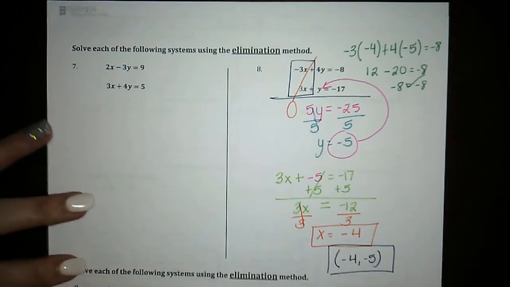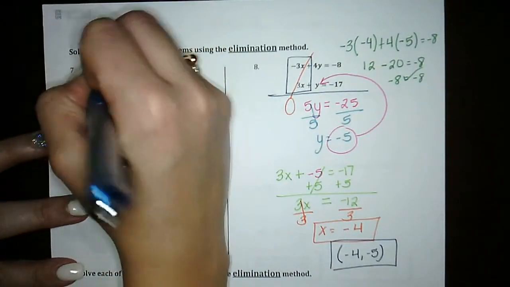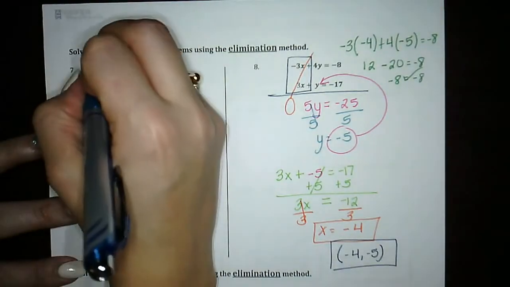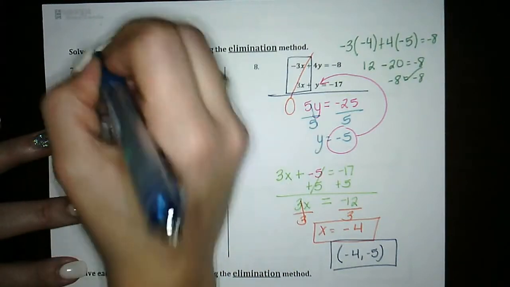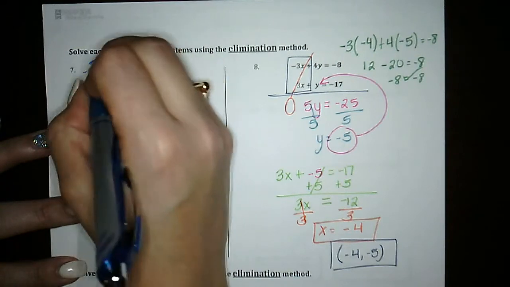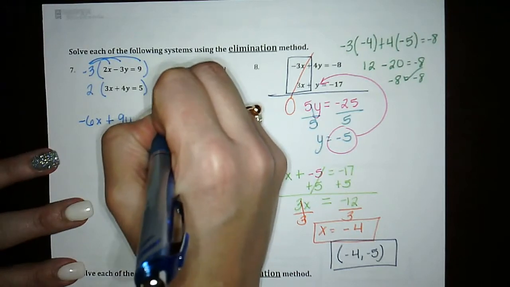So we're going to multiply this top one by negative 3, and this bottom one by positive 2. Negative 3 times 2 is negative 6x. Negative and a negative makes us a positive 9y. Negative 3 times 9 is negative 27.